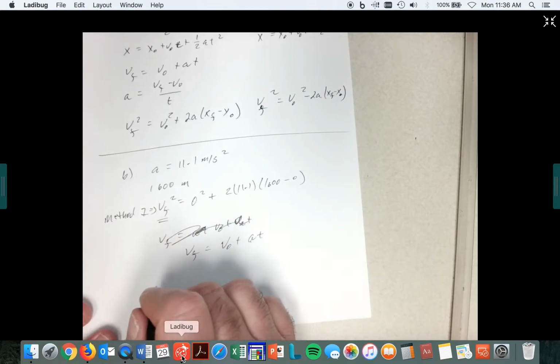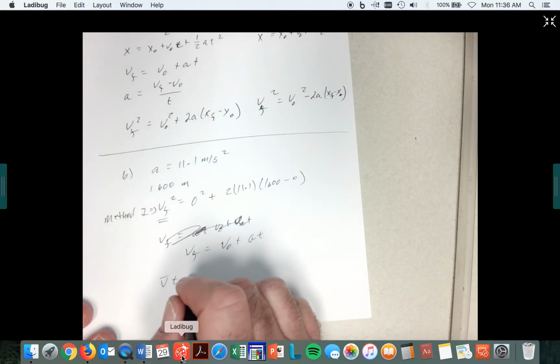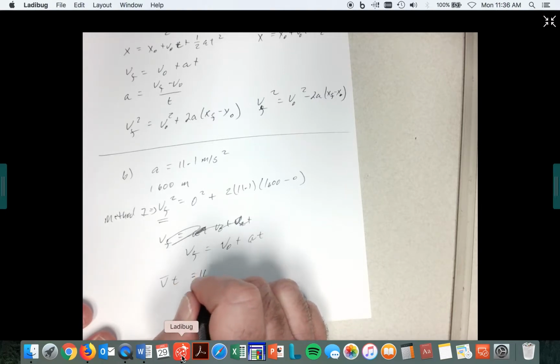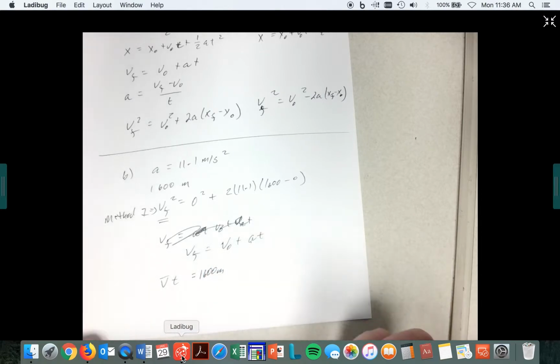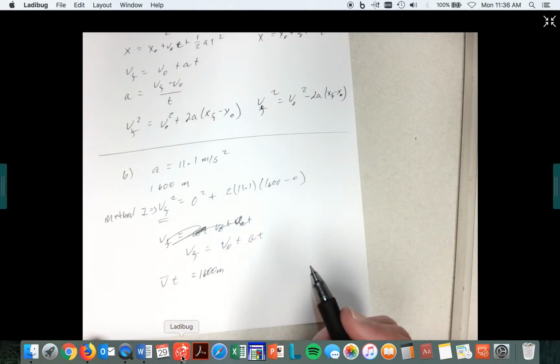But I do know that the average velocity times the time is equal to 1,600 meters. Does that get me anywhere? Oh, what it's going to do is wind up giving me this equation right here.